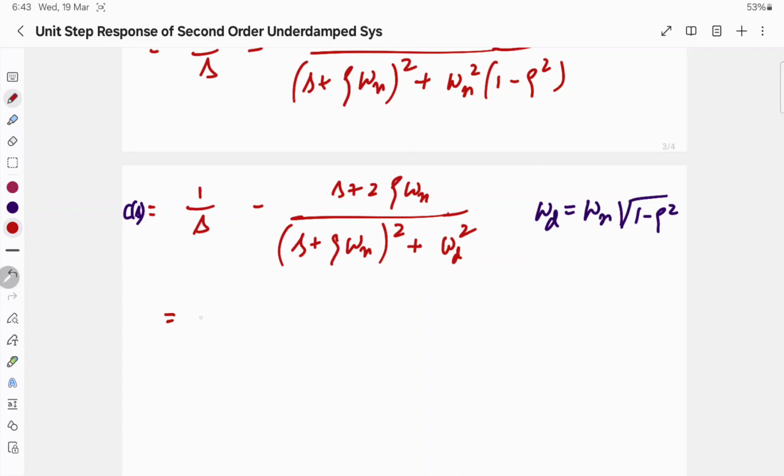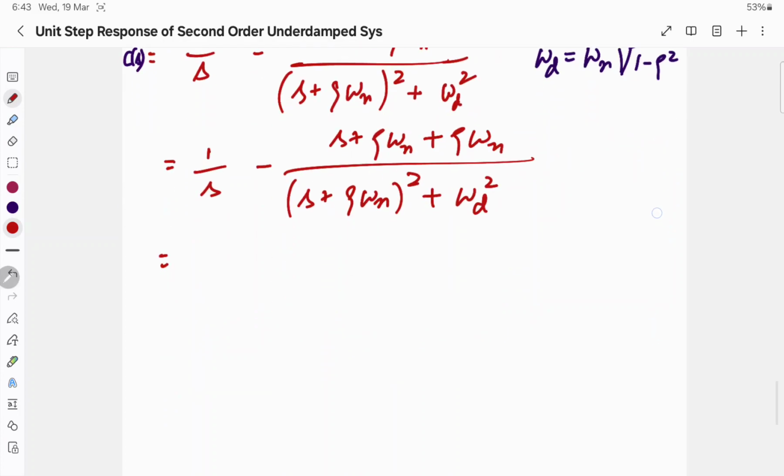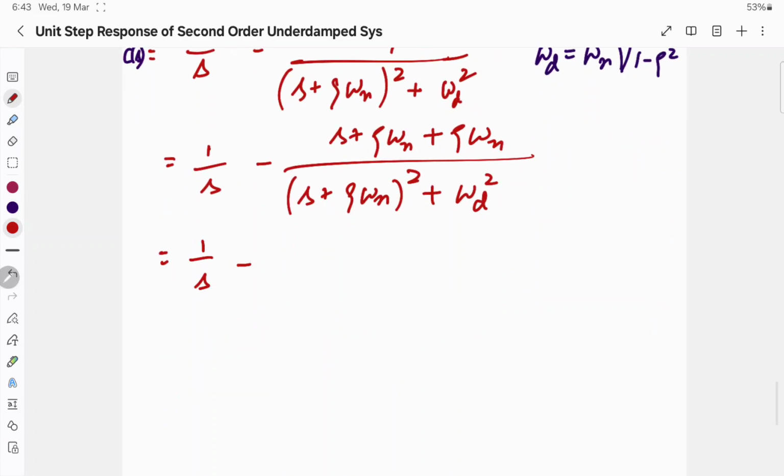So further we have to manipulate, that is s plus zeta omega n plus zeta omega n. I'm just splitting that, plus (s plus zeta omega n) square plus omega d square. So this can be further written as 1 by s minus (s plus zeta omega n) divided by (s plus zeta omega n) square plus omega d square.